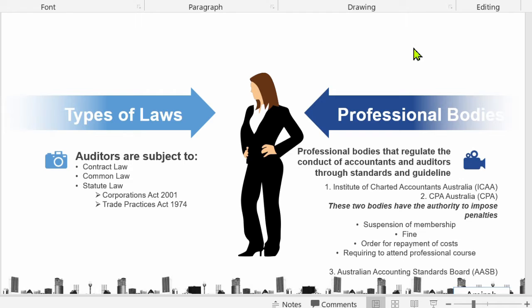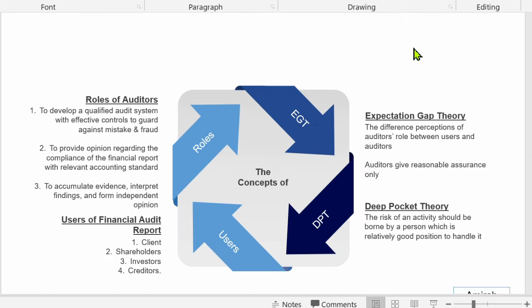And the third body that regulates the profession is the Australian Accounting Standards Board. This body will regulate more standards to be followed by all the accountants and auditors in Australia.